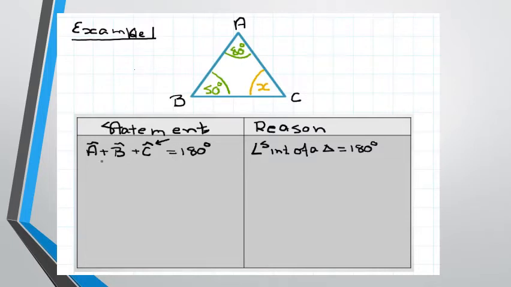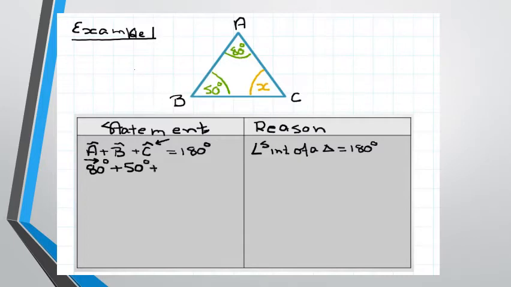Now I'm going to substitute. What is the value of A? The value of A in this case is going to become 80, and guys, that degree symbol is very, very important. We need to show the degree symbol all the time. Plus, what is the value of B? Angle B is going to be 50 degrees.